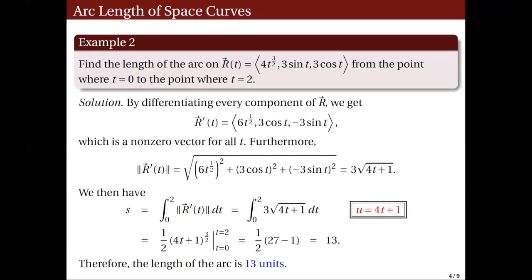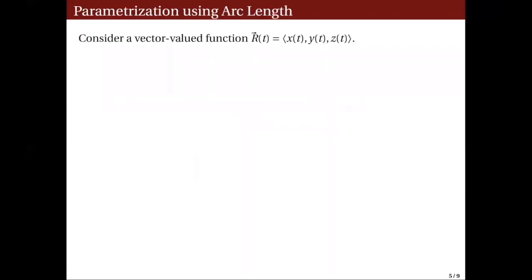Computing arc lengths is not the only purpose of the arc length formula. In fact, we can use that formula to find a representation of the space curve using the arc length as the parameter. Generally speaking, when we have a vector function r of t, this parameter t may or may not possess a physical or geometric meaning.